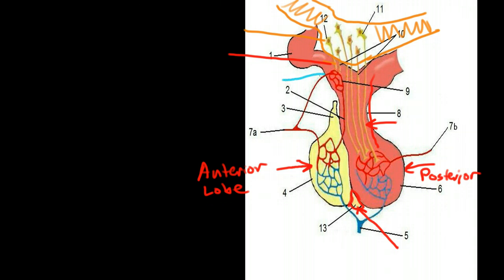Now this capillary bed is fed by an arteriole, as are most capillary beds. Most capillary beds in the body have an arteriole that feeds them, and then they break up into these capillary beds. And then the capillary beds make their way back to a vein.